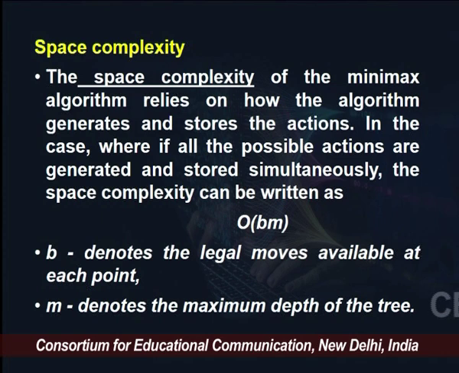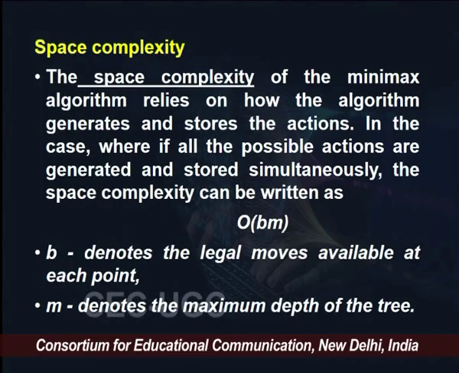If we talk about the space complexity, the space complexity of the minimax algorithm relies on two things: how the algorithm generates the actions and how the algorithm stores the actions.